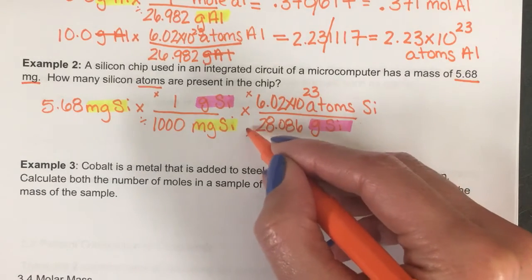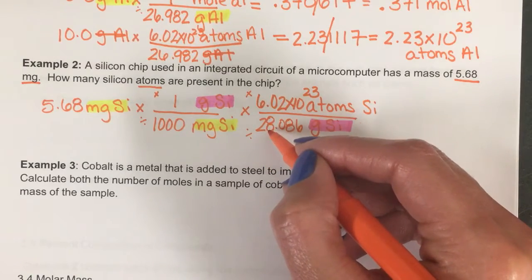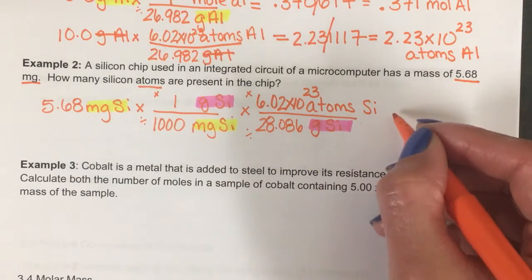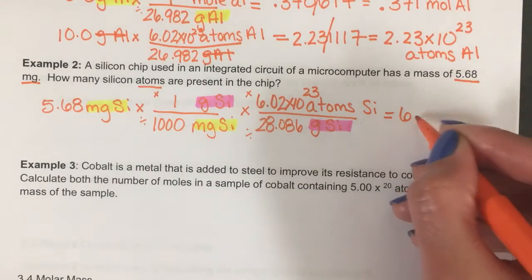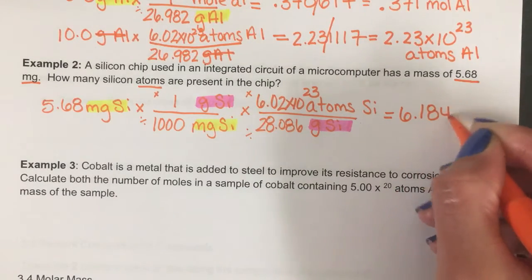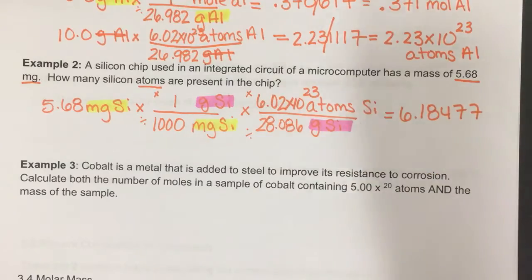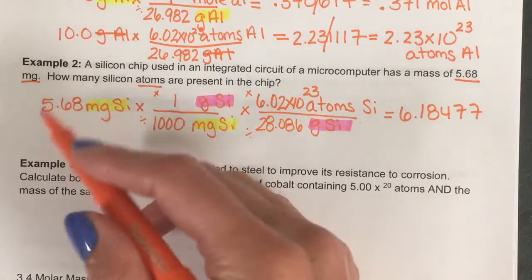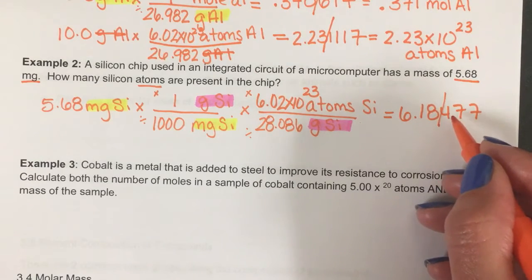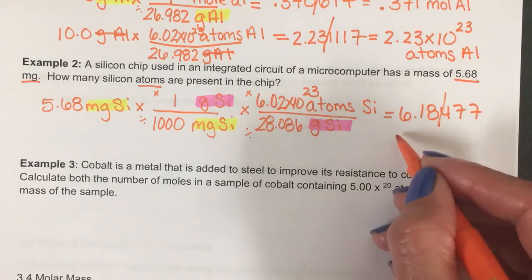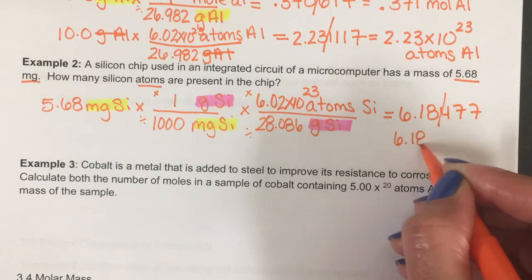Numbers on bottom I divide, so divided by 28.086. I should get 6.18477. I started with 3 significant figures, 1, 2, 3. Because this is a 4 and I only look at the number right next to it, it stays 6.18.